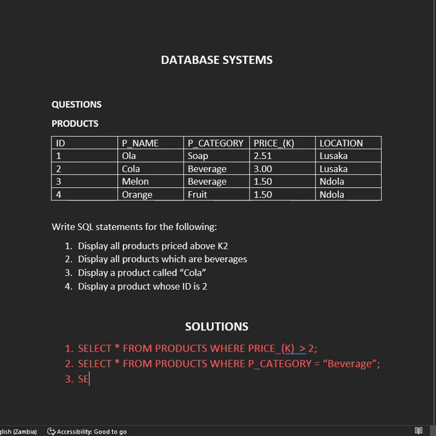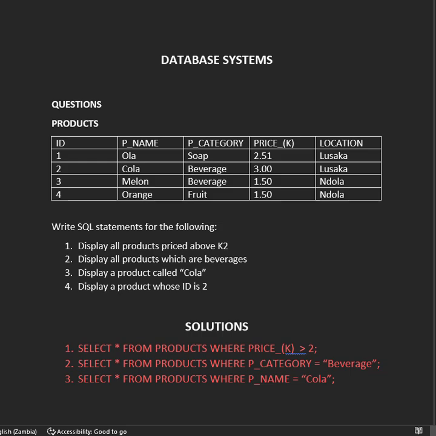You just say select all from products where p_name, because the product name is under p_name, is given as cola, then you put your semicolon.